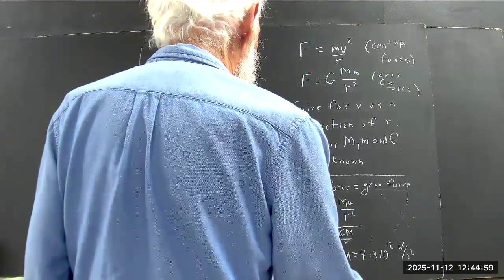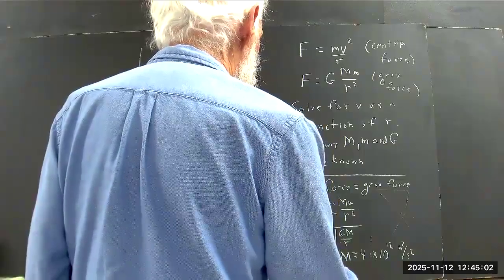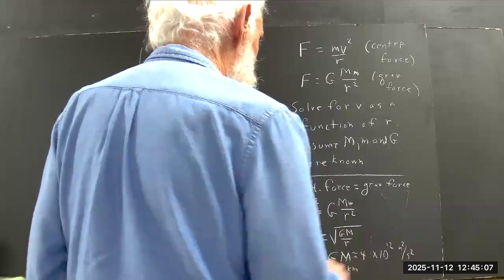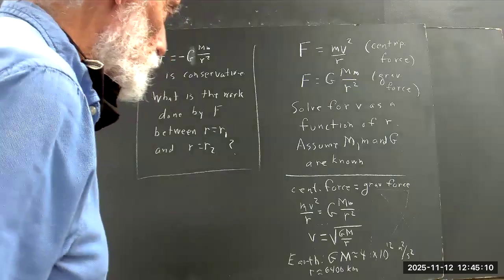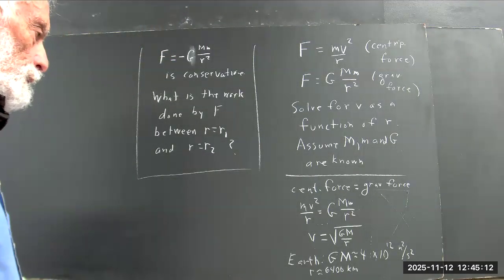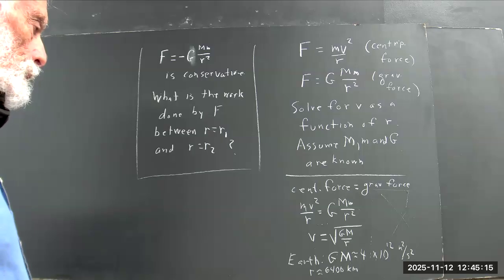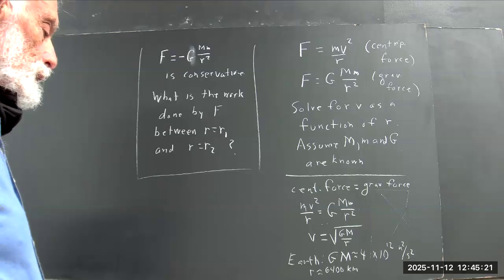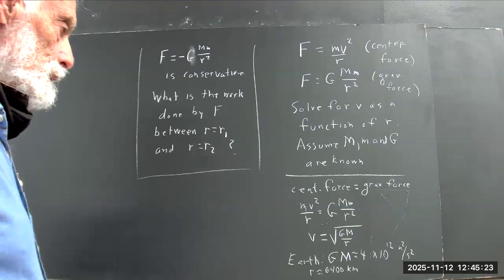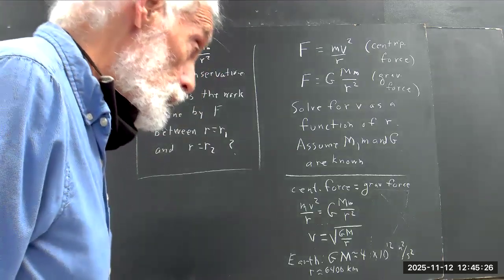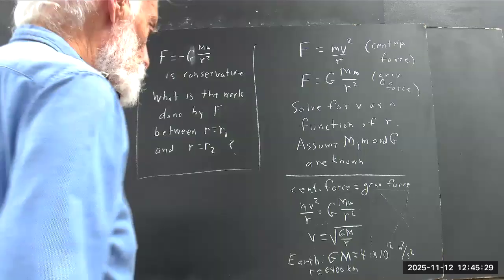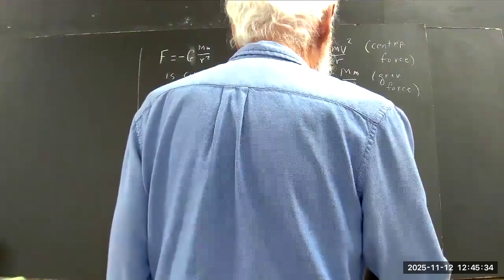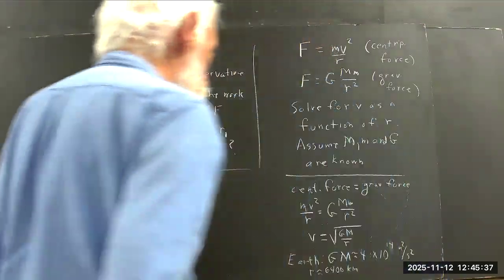R is 6,400 kilometers. It must be off by a factor of 10 somewhere. 6.67 times 6 is 40. 10 to the negative 11th, 10 to the 24th gives us 10 to the, oh yeah, I was thinking negative when I should have thought positive. Anyhow, 10 to the 14th.